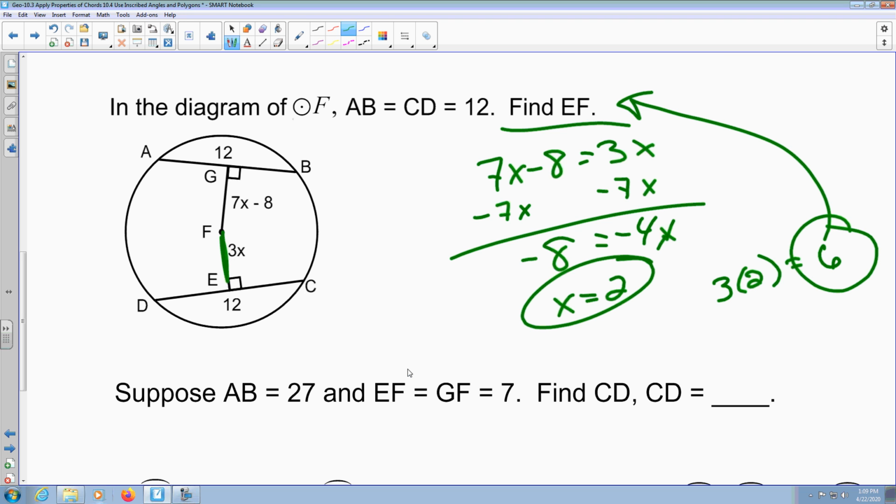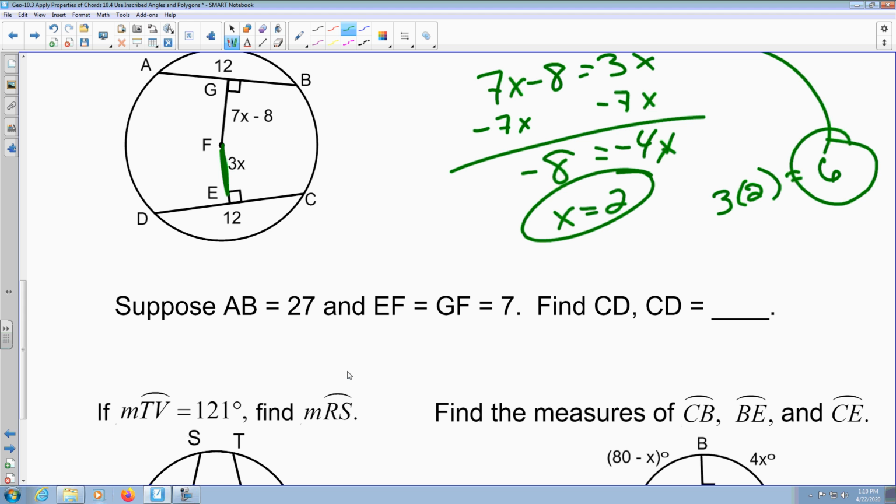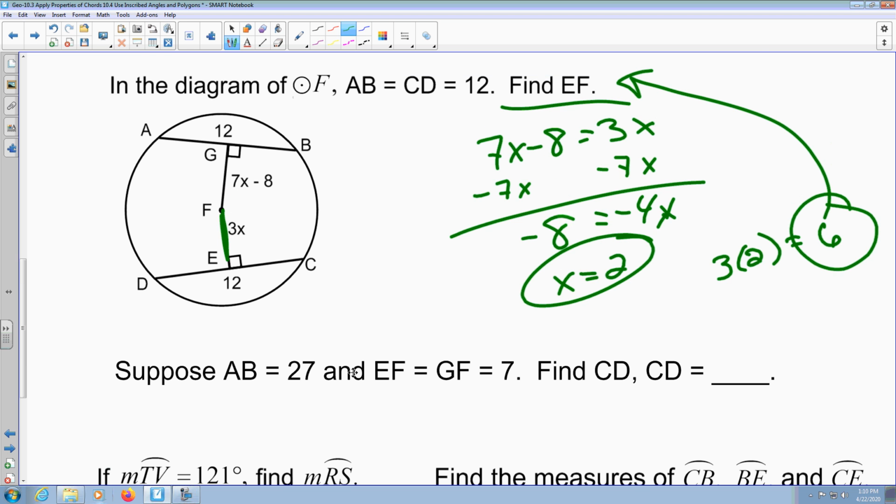You can also check it on the other one. So, 7 times 2 is 14. 14 minus 8 is 6. Makes sense. Here it says, suppose AB was 27 and EF was equal to GF, and that equaled 7.